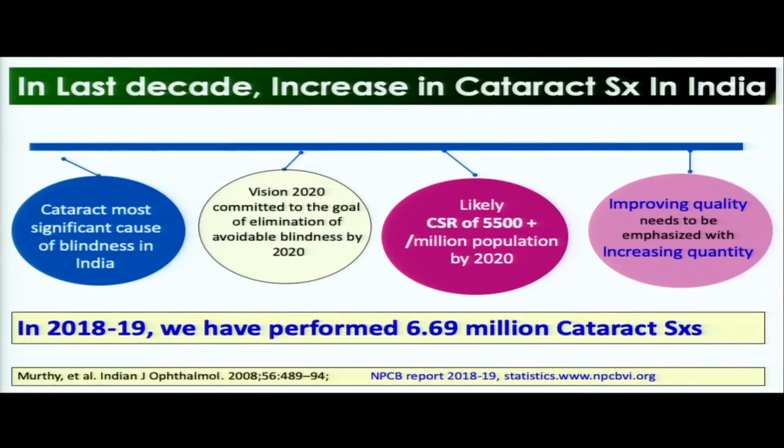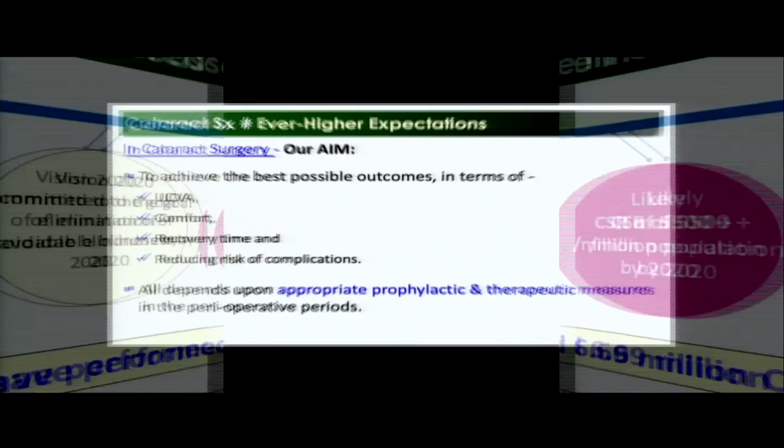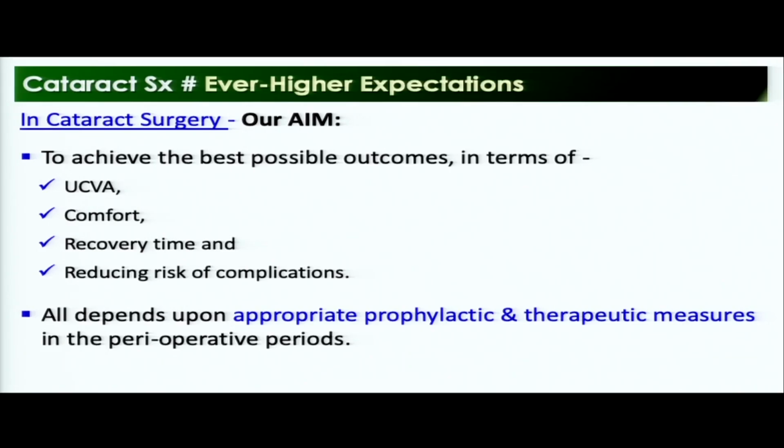You know that in the last decade, we had tremendous growth in cataract surgery in India, and last year we performed close to 7 million cataract surgeries. But in all cases, our aim is to give the best uncorrected visual acuity, comfort, recovery time, and reduce the risk of complication.